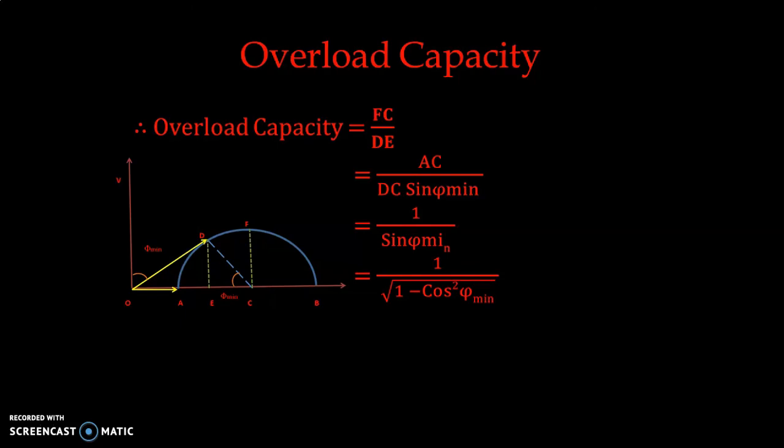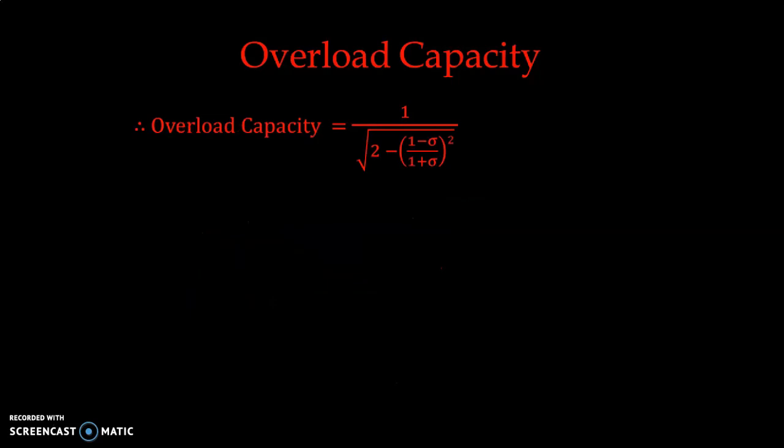If we further simplify this equation, then it becomes 1 divided by under root 1 minus cos square of phi minimum. Further simplification gives this equation, and if we take this equation as a base, then ultimately for overload capacity we get this equation.